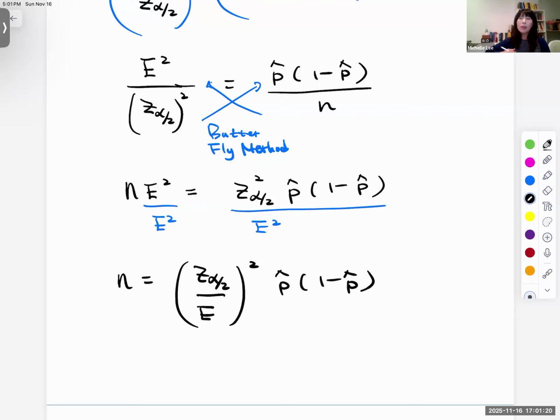All right. But then it's a sample size, and a sample size is always a number of items or people, right? More sample, more accuracy, right? So we always round up.